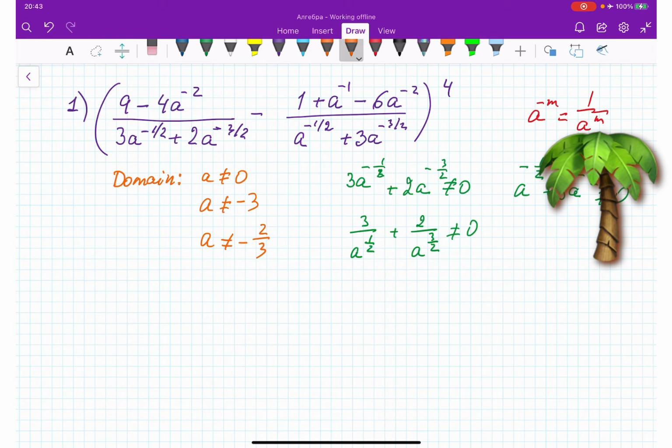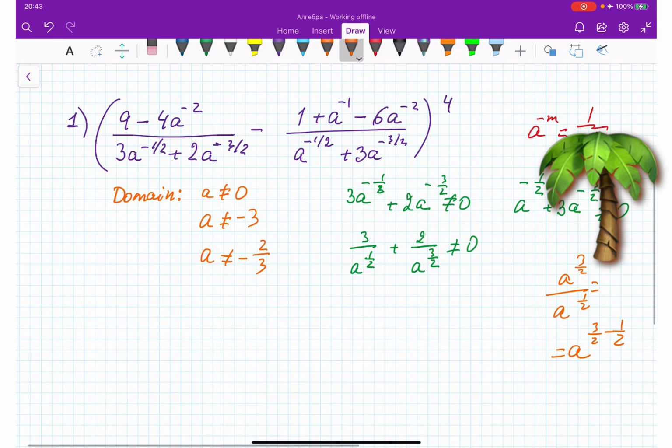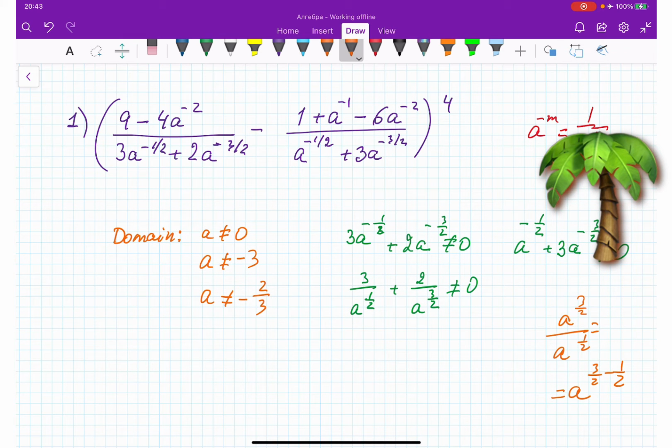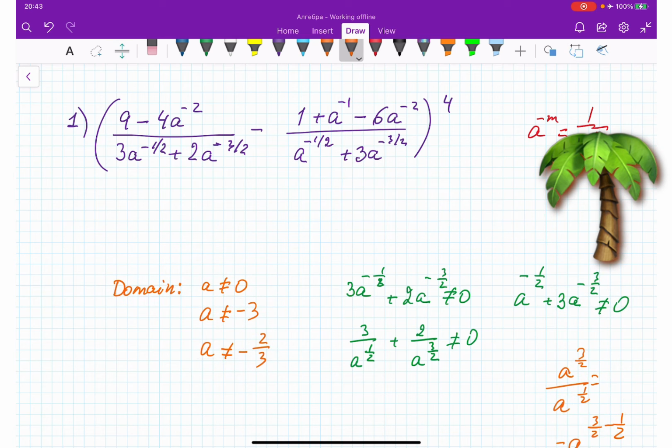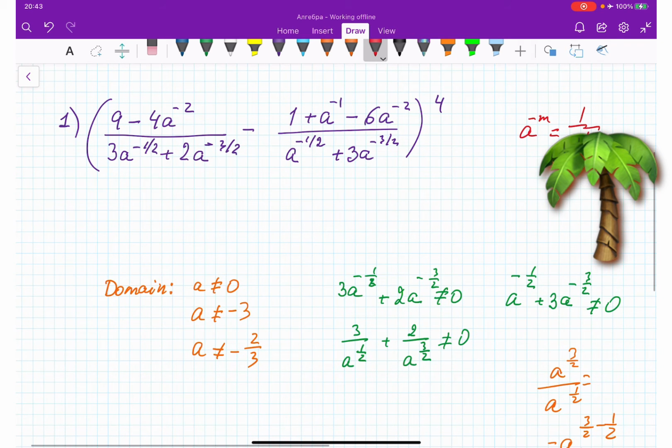Let's see how many times it's going to fit. a to the power 3/2, if I divide by a to the 1/2, is going to be equal a to the power 3/2 minus 1/2. Because when we divide exponents, a to the power m divided by a to the power n, we need to subtract exponents.